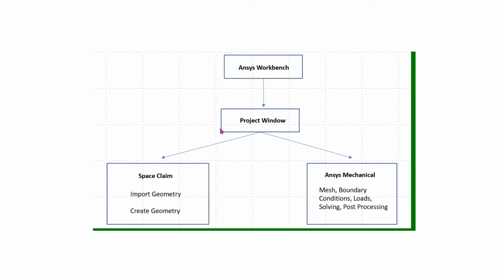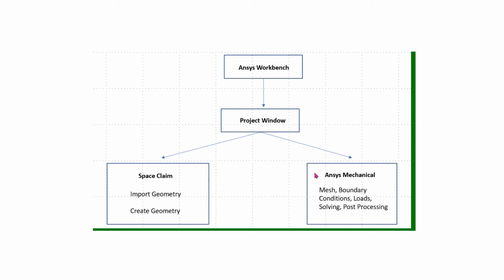In Ansys Workbench, there is a main project schematic window where the model is outlined. This project window uses data from two software packages to build the model. The first package is SpaceClaim. SpaceClaim is used to create or import the geometry.